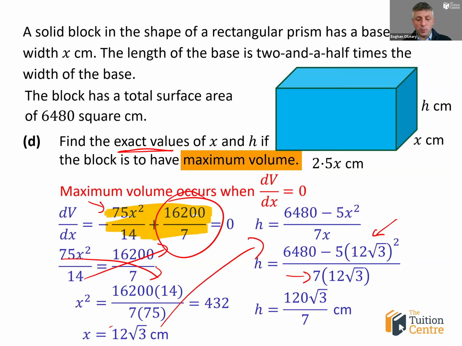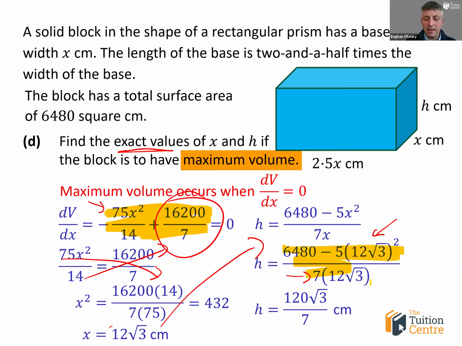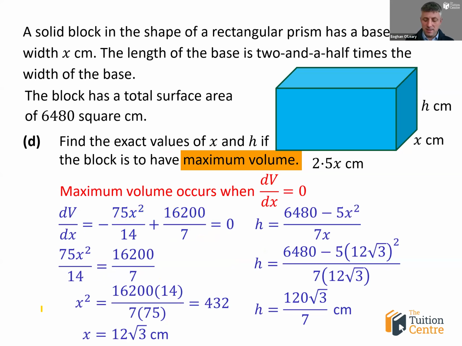And you're going to end up with 120 root 3 over 7. Now, the truth is, most people would put this into the calculator and you will get your correct answer. However, if anything happens that's not working, sometimes the calculator can just give you a decimal answer. You just do it out step by step and you will get there. And those are the fully exact answers. Okay, so that was worth 10 marks.